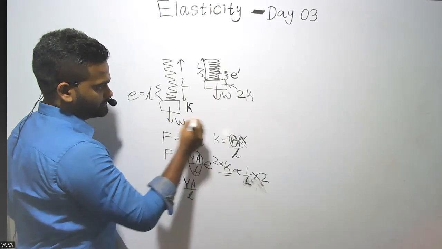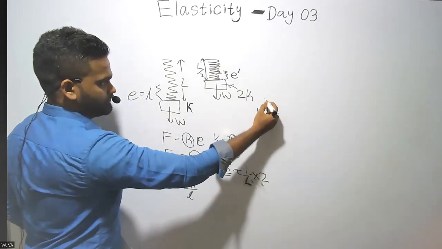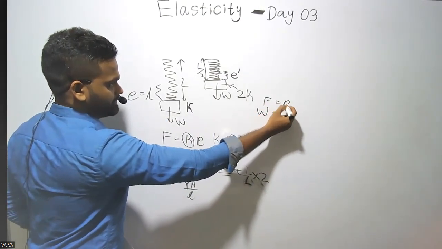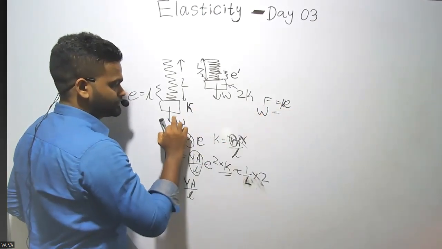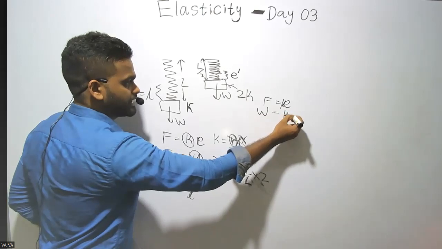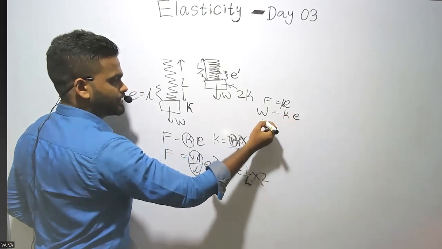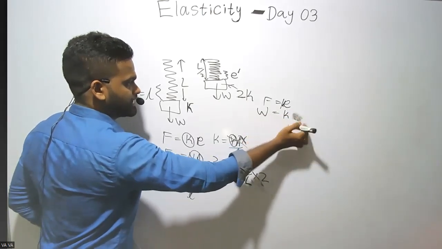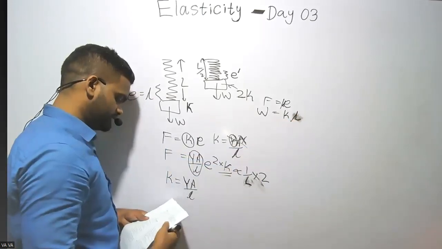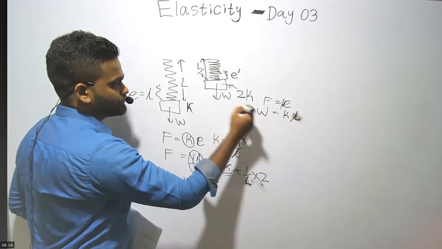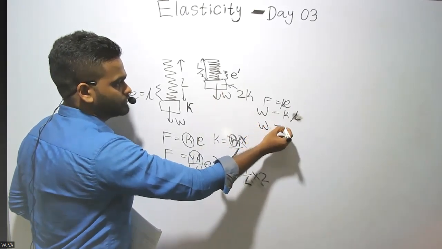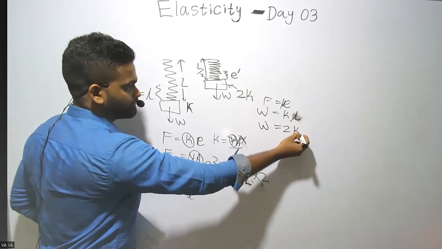So here, if we apply F equals KE to the first spring, the force is W, the spring constant is K, and the extension is given as simply L, so use what they have given. Then for this one also, the applied force is W, the spring constant is 2K.